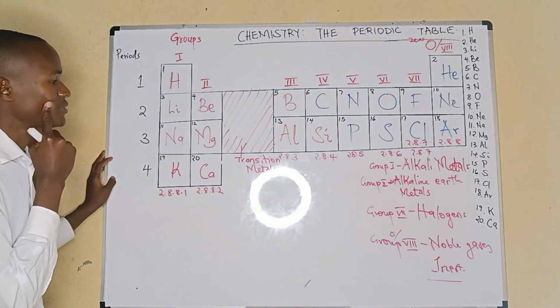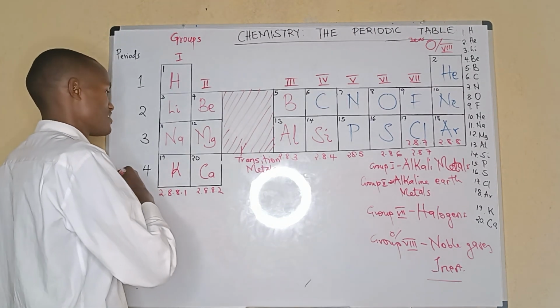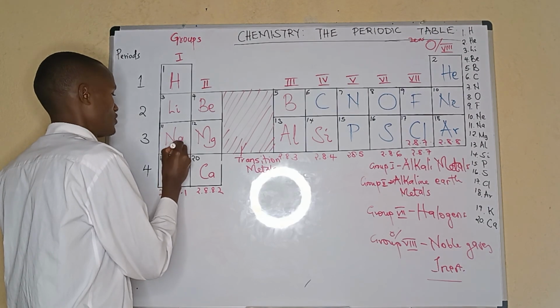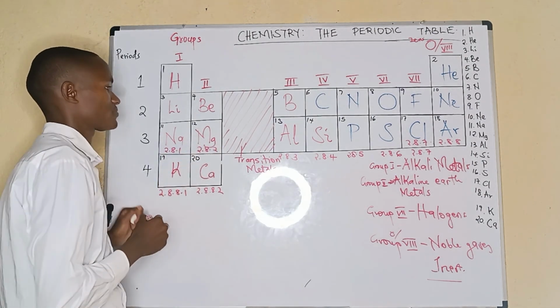We want to see the relation, and let us use the same period. Sodium is 2, 8, 1, magnesium is 2, 8, 2.